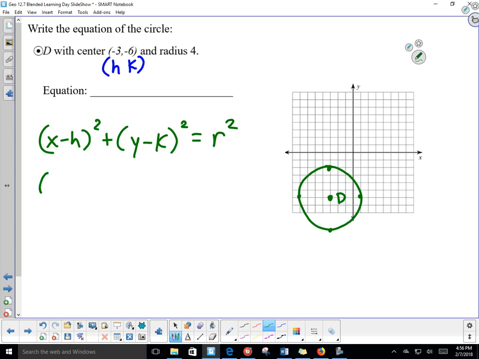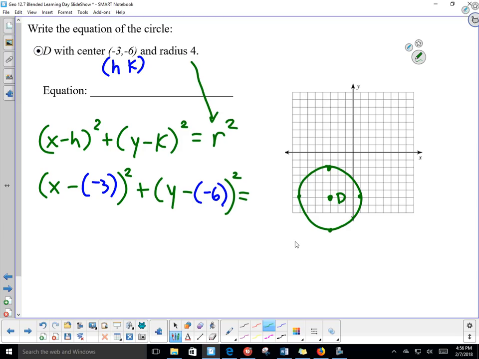So in this case, we have x minus a negative 3 quantity squared plus y minus, our k value is negative 6 quantity squared equaling, and I can plug in our radius of 4 for the r, and so I have equals 4 squared.